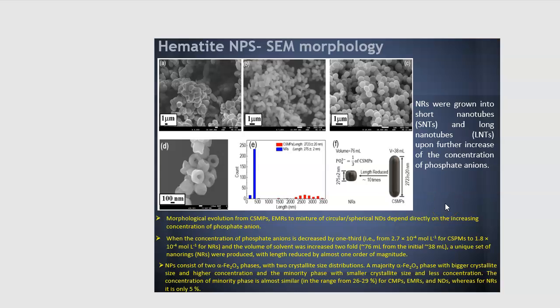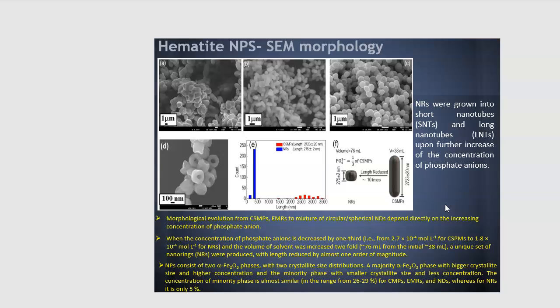From X-ray diffraction, we observed that these hematite nanoparticles consist of two crystallite sizes. The first is the majority hematite phase with bigger crystallites and higher concentration, and the other is a minority phase with smaller crystallite size and lower concentration.